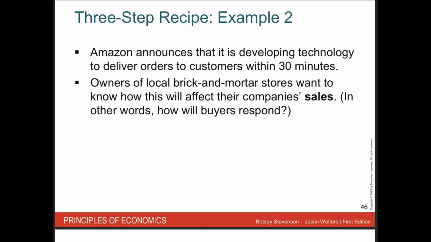But on the other hand, a local brick and mortar store wants to know how this will affect their company sales. We can expect that their demand will decrease due to Amazon's developing technology, right?